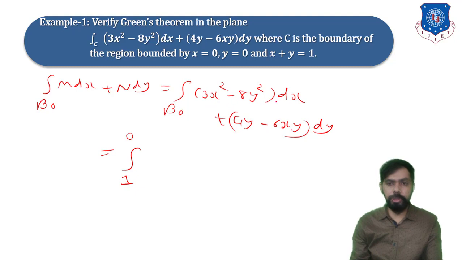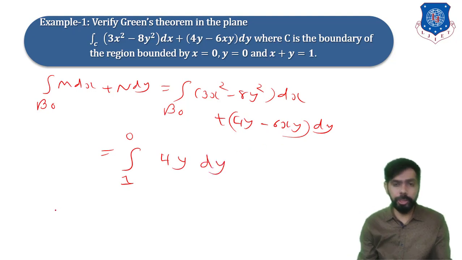Therefore this term will be 0. Okay. Now we will write down this 4y. Okay. And here x is 0, so no need to write down this term. So the integration of 4y dy: here 4 will be constant and the integration of y will be y square by 2. And the limit will be from 1 to 0.